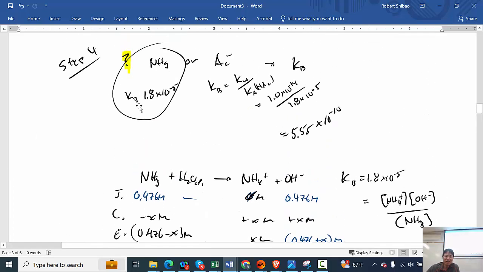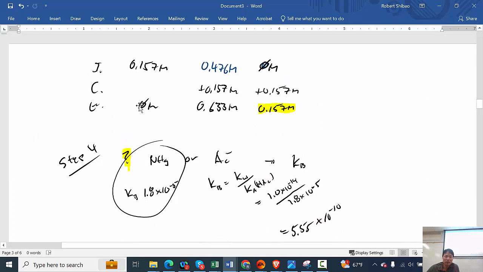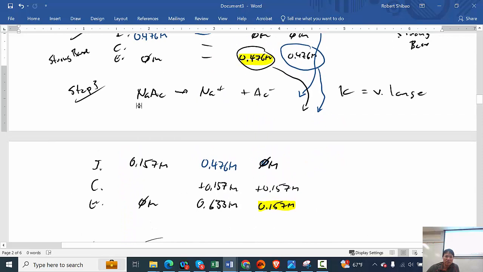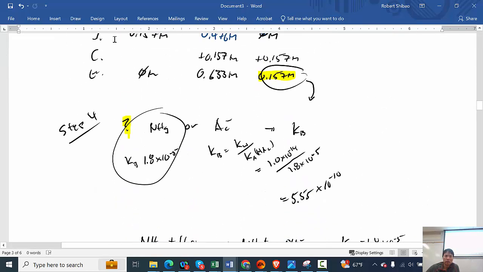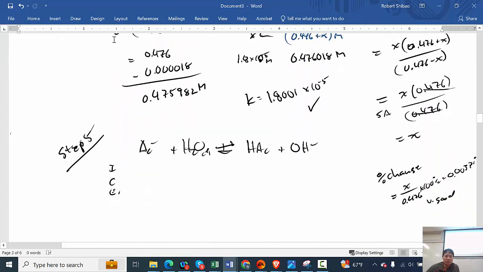So the acetate we're going to have to carry down from step 3, which is 0.157.